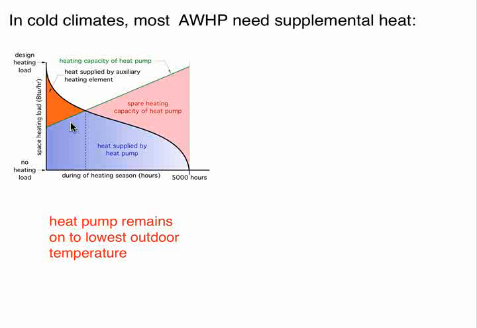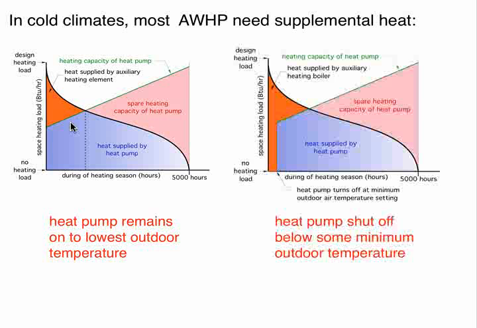Another possible operating mode is where we get down to some minimal outdoor temperature, which is low and occurs relatively infrequently. And at that point, we're simply going to shut the heat pump off, and we're going to rely entirely on a supplemental heat source to carry the load. So you see the difference here is that for a few hours out of the year, and I'll throw a number out, maybe 20 to 50 hours in a year, the heat pump is shut off.